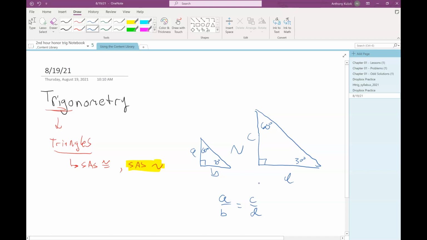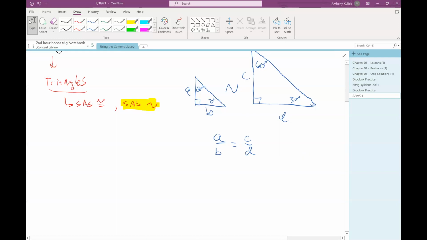That's what similar means. Everything has the same angles and the same proportions. Like this triangle is just 3 times as big as that triangle. Does that sound familiar? Yes, thank you.